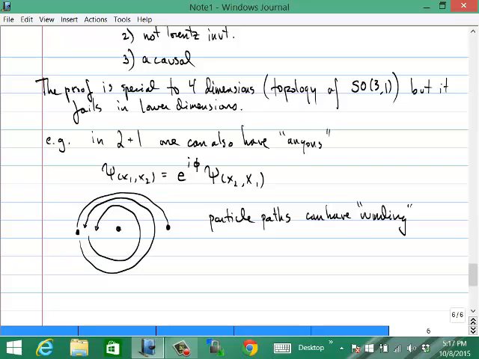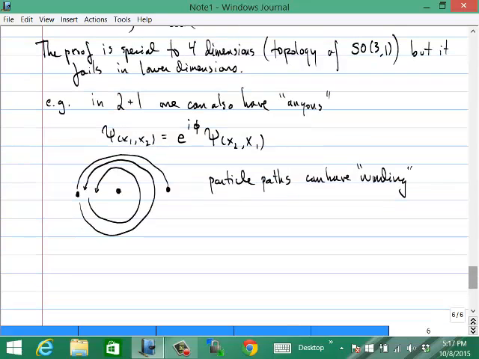So, just to summarize, we have a field operator psi, which is expanded in a basis of solutions.